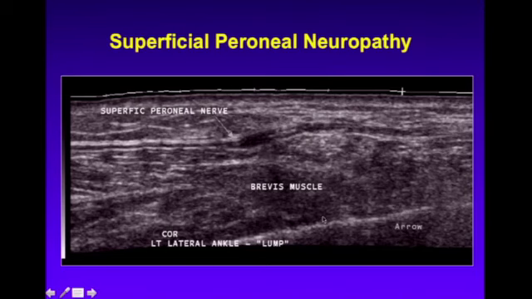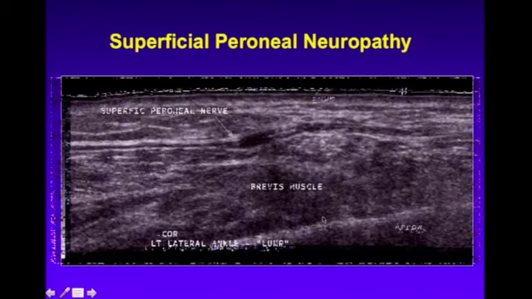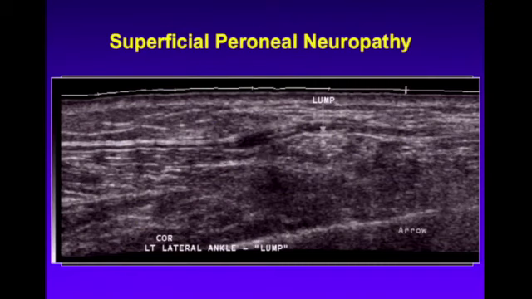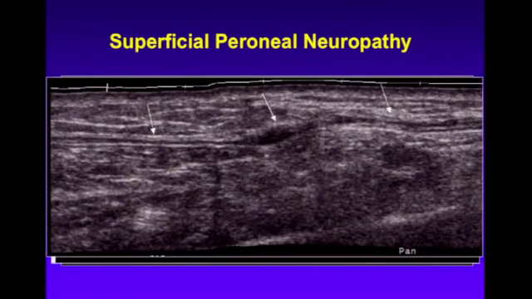Again, a pathology that would be very difficult to see any other way. But we could confidently say to the referring clinician that this was a focal peroneal neuropathy caused by bulging of the muscle, a so-called muscle hernia pushing on the nerve.